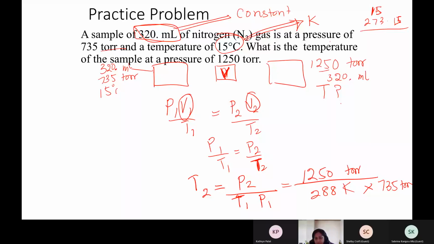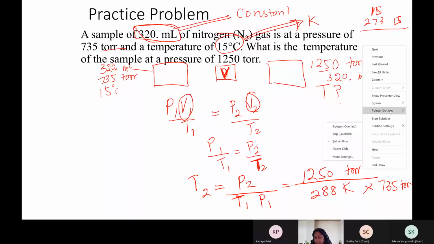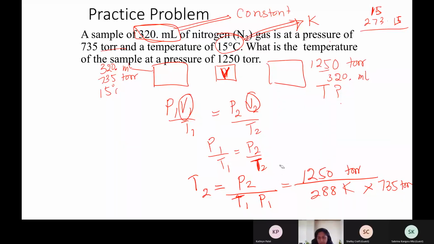I did something wrong. Let me get the eraser. The T1 should go up there.